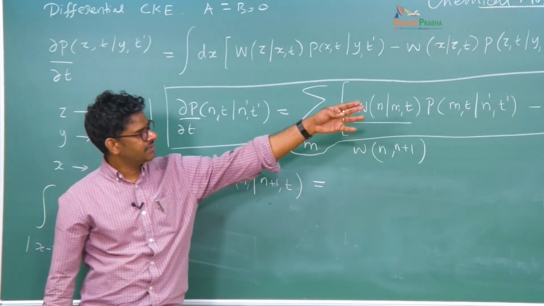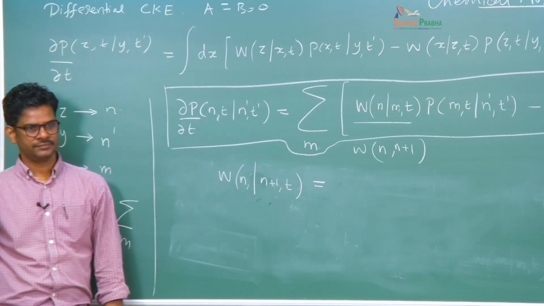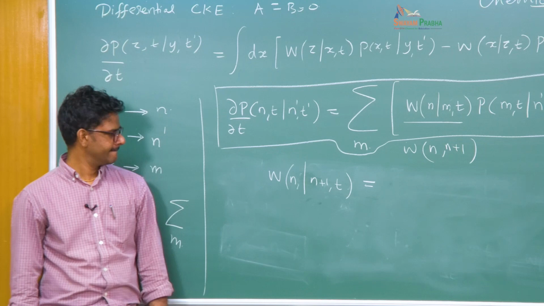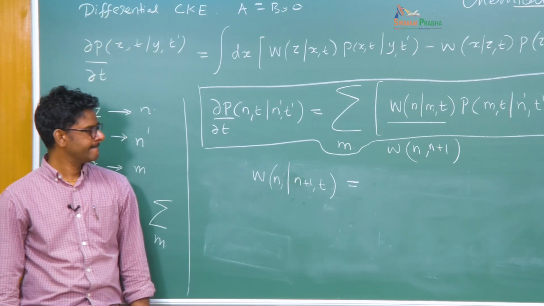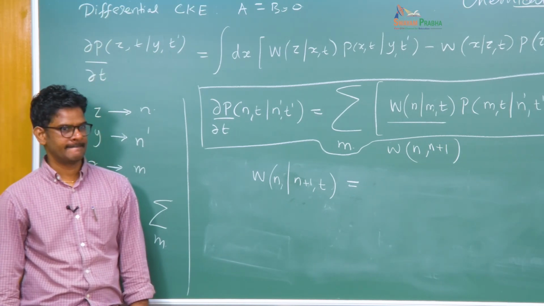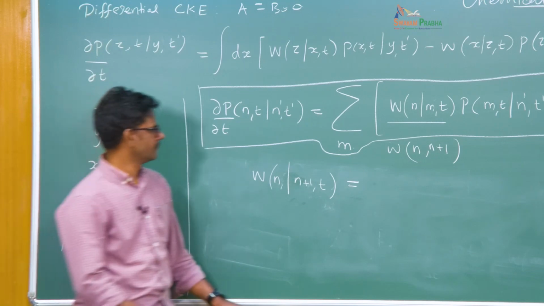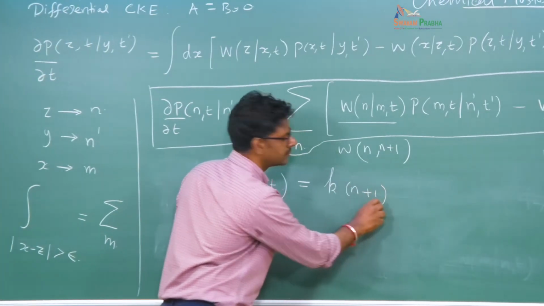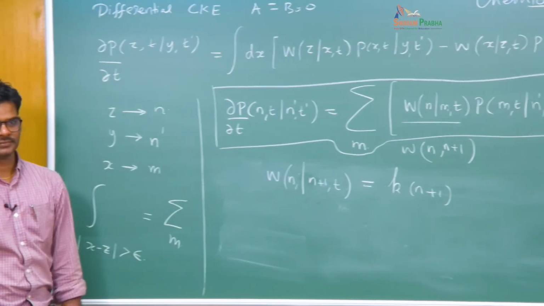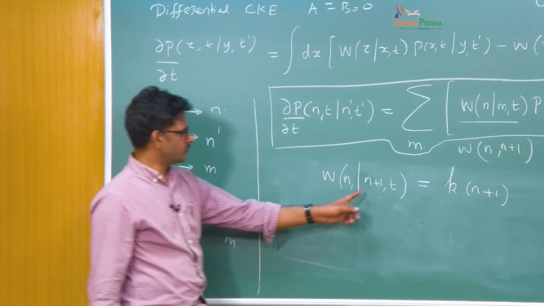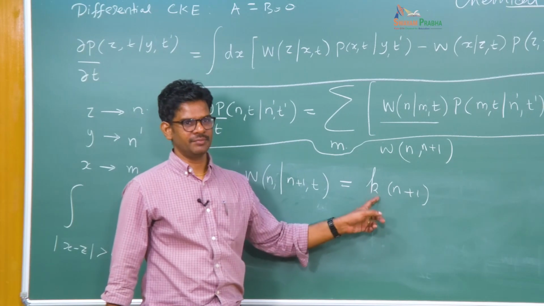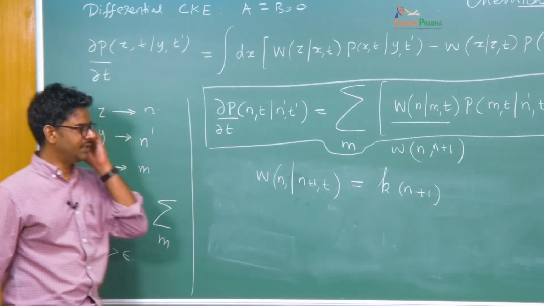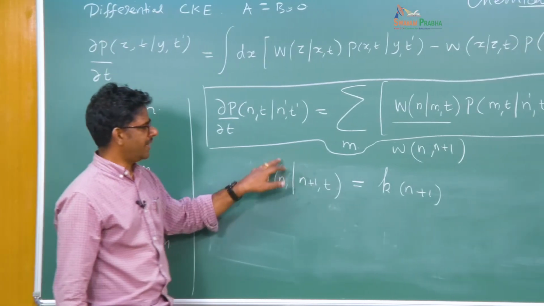For a chemical kinetics A going to B, isn't this k times n plus 1? I have n plus 1 molecules and they are all reacting at k per unit time. So this is the transition probability for the event n plus 1 to n happening.